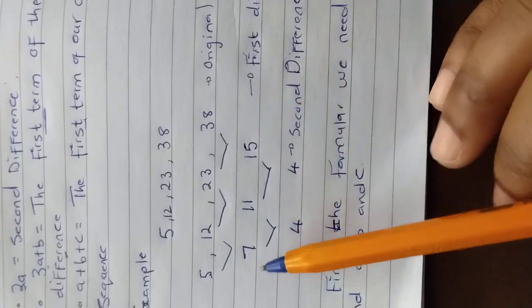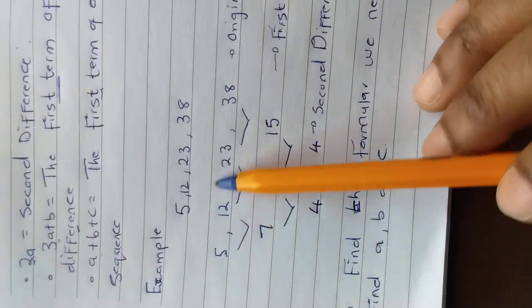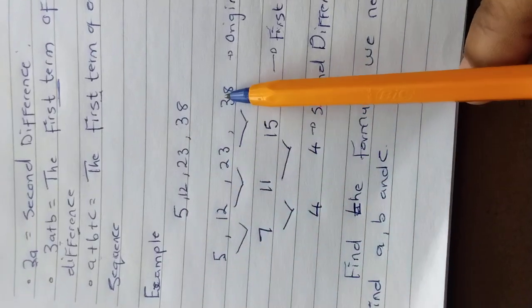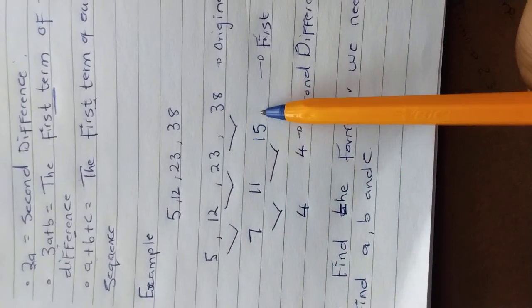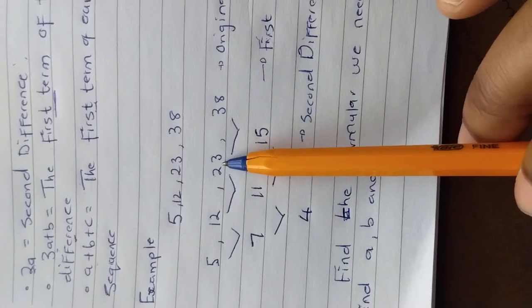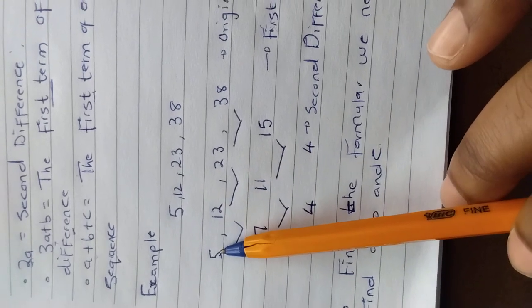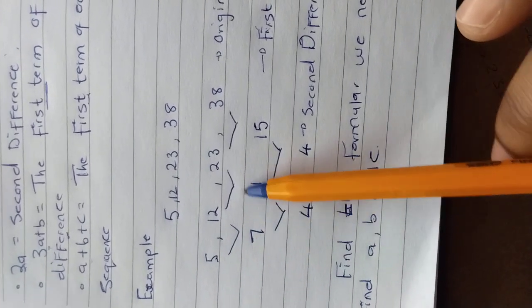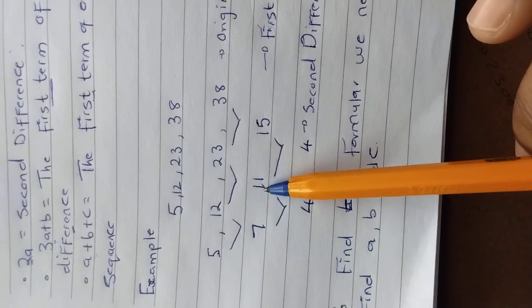It's not the same, so we need to take it further. So we have our original sequence right here, and then the first difference from this original pattern, meaning we take 12 minus 5 to get 7, and then 23 minus 12 to get 11.